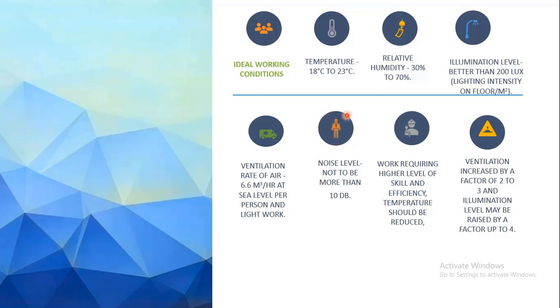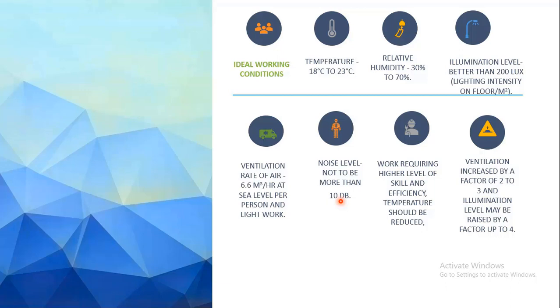Noise level. Already we have discussed that if there is too much noise, it makes one prone to accidents, it will irritate a person, and due to that there will be long term and short term effects on performance. So the noise level should not be more than 10 decibels. Still, if there is a lot of noise, how are we going to minimize it?